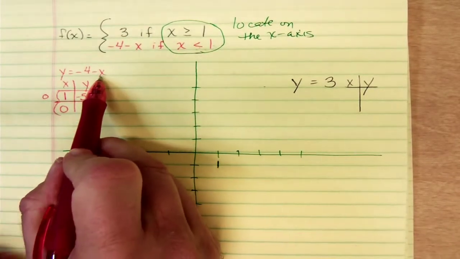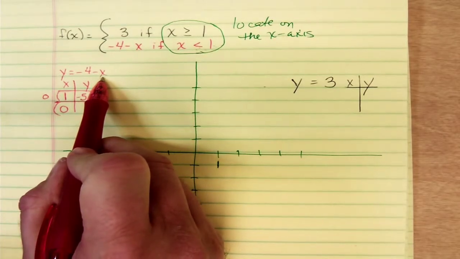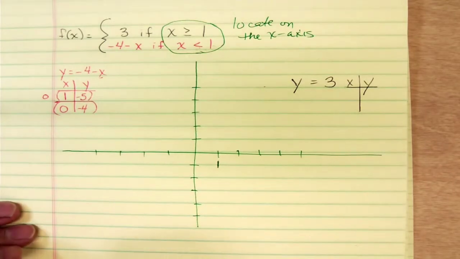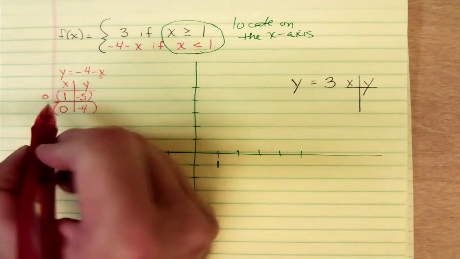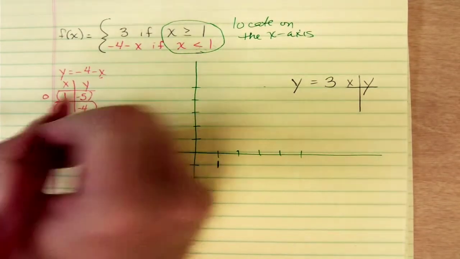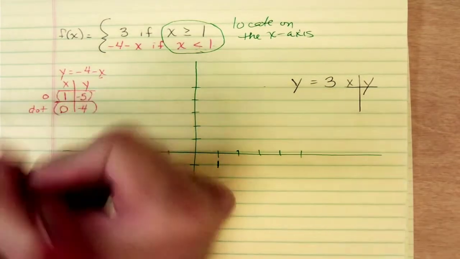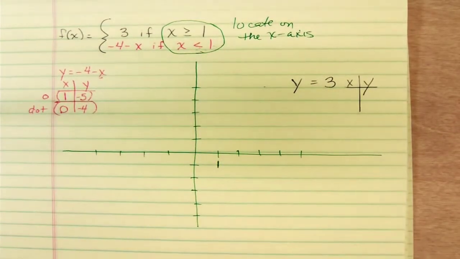When I plug a 0 in here, negative 4 minus 0 is just negative 4. Only at the cut points do you have the open and closed circles, since 0 is not one of the cut points. I'm just going to put a dot there. It's going to look like a closed circle.